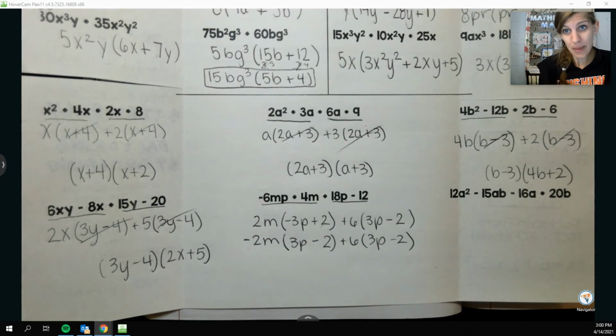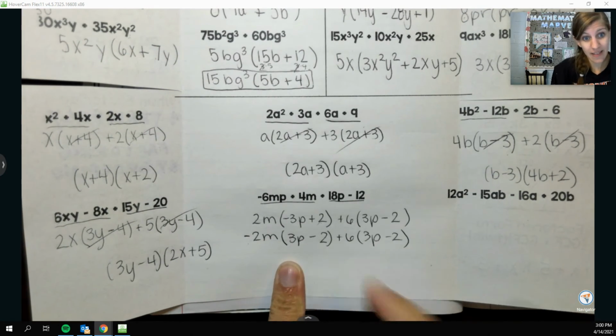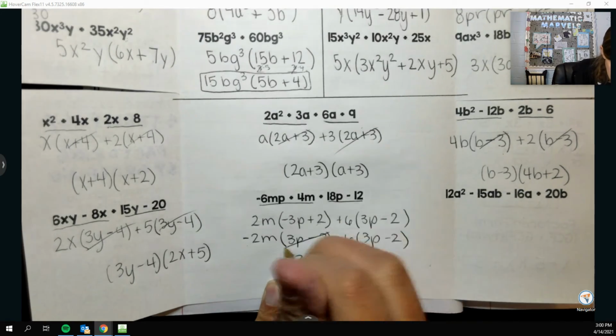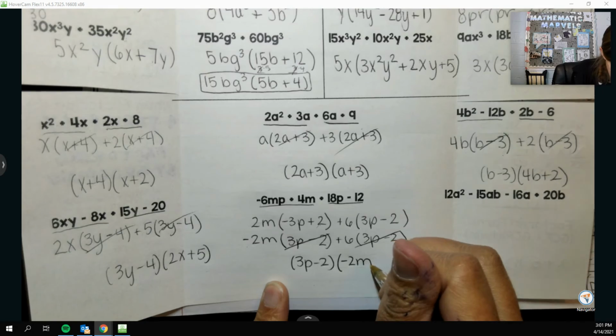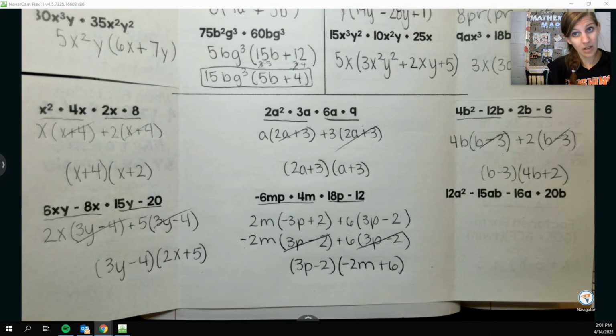So maybe the goof up is you needed to take out a negative. Or it could just be that they legit don't have twins. But this one I could take out the negative and that solved my twin problem. So I write down the twin, and then I write down what's left, so negative 2m plus 6. Ugh, sneaky.